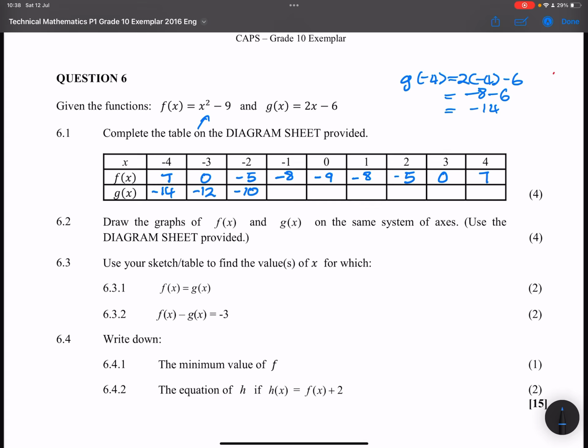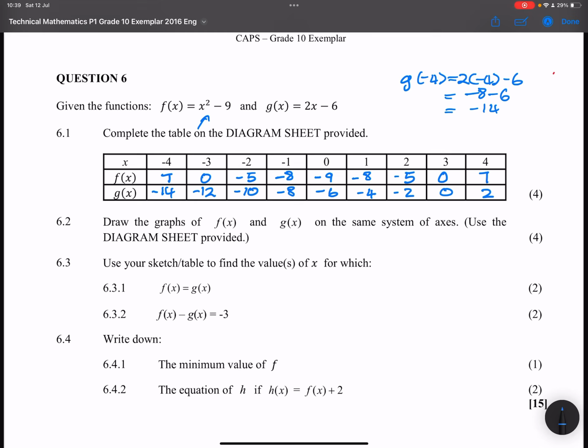So this would be minus 8, this would be minus 6, and this would be minus 4. If we said 2 times 1, that's 2, and 2 minus 6 gives us negative 4. That's negative 2, that's going to be 0, and that's going to be 2. So that is what we have, ladies and gents.